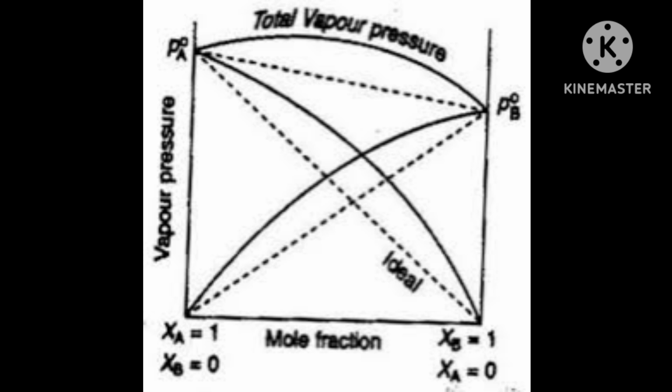Okay. In a solution formed by adding carbon disulfide and acetone, the dipole interaction between the solute-solvent molecules is weaker than the respective interaction among the solute and solvent molecules.